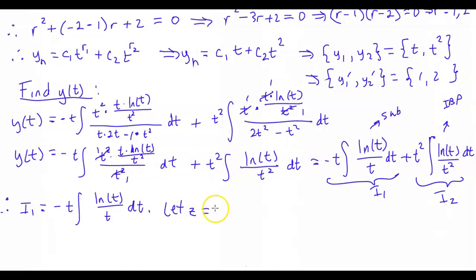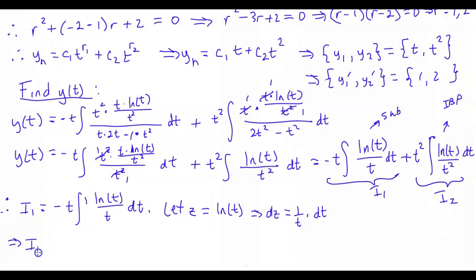So let z be natural log of t, and that's going to imply that the derivative of z is going to be 1 over t times dt. And of course we see we got an understood 1 divided by t times dt within here.